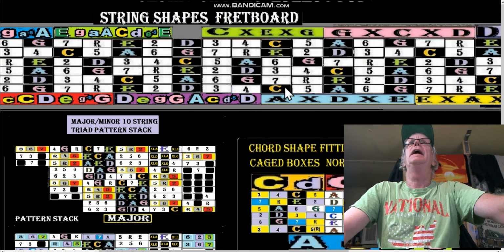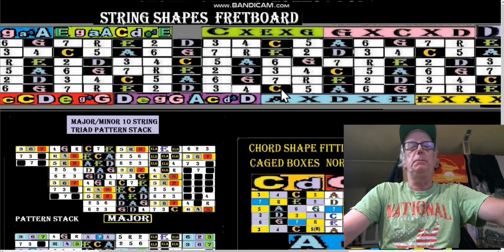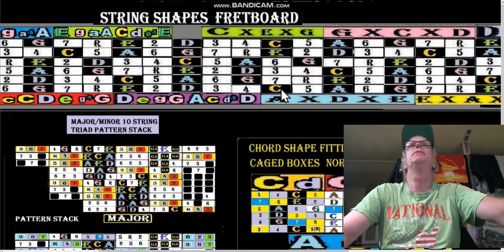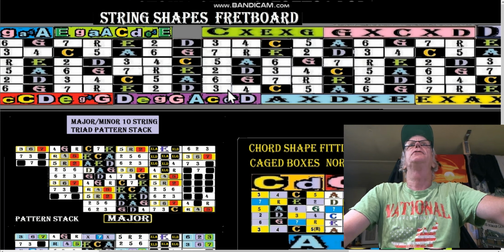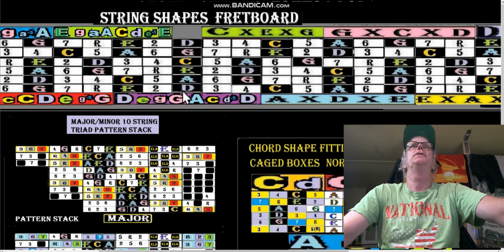Now this C isn't a note, it's a string shape label. So I can review the string shapes. Each of the string shape labels is surrounded by one or two notes that are a half step apart.